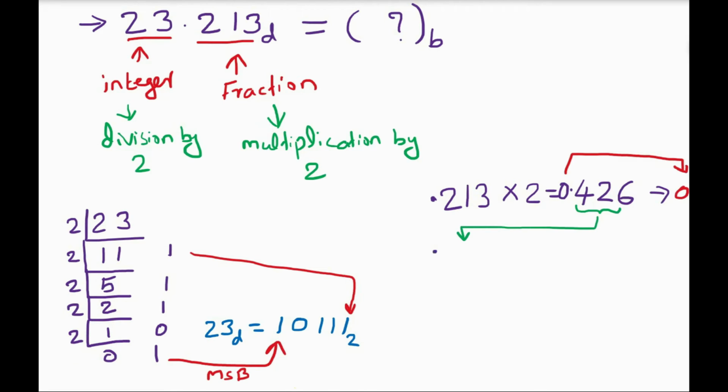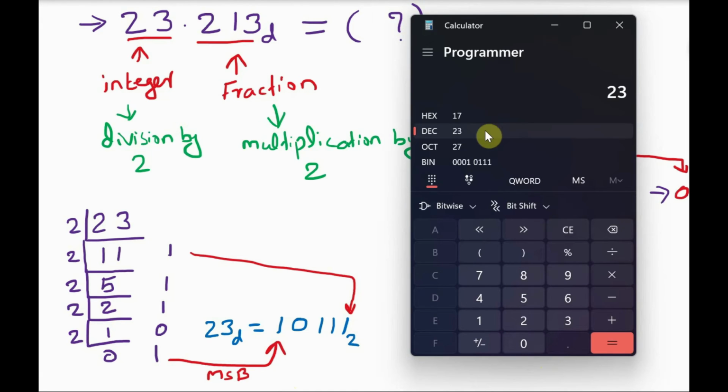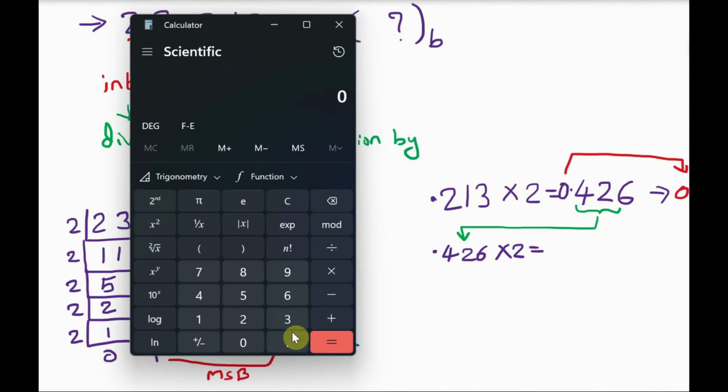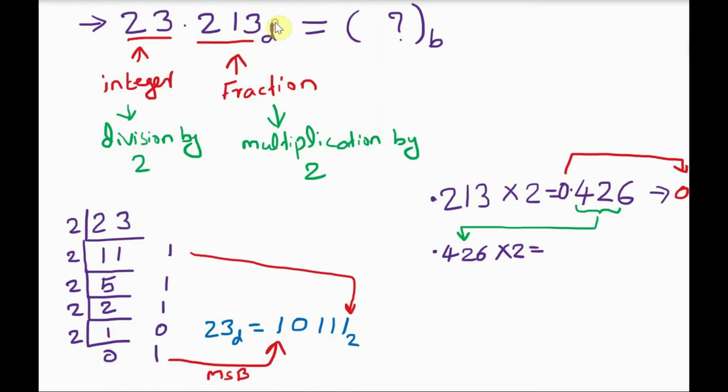That means 0.426 into 2 is equal to, we will use the calculator, 0.852.